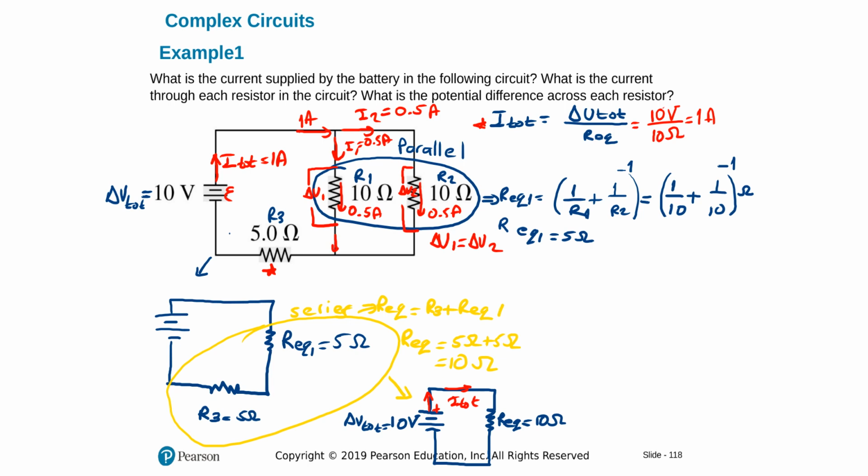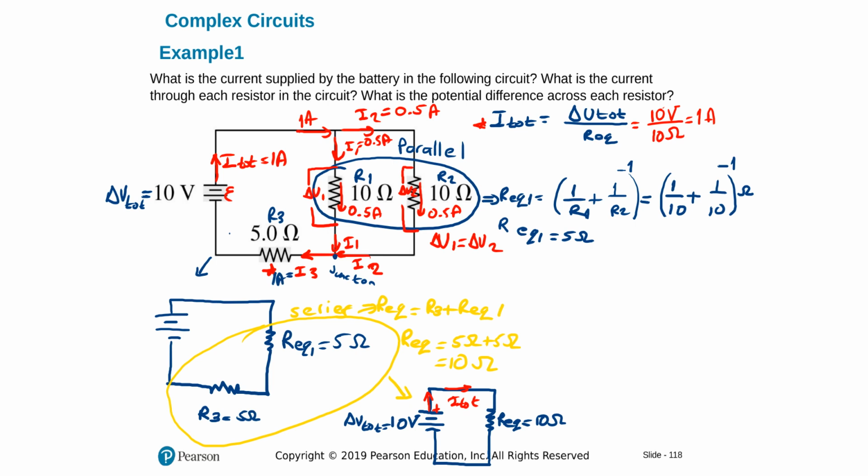These I1 and I2 come here to this junction, right? And they combine, out goes I3. And I1 plus I2 should be equal to I3, right? Junction rule here. So I3 should be 1 ampere.